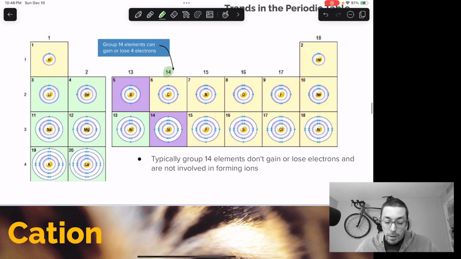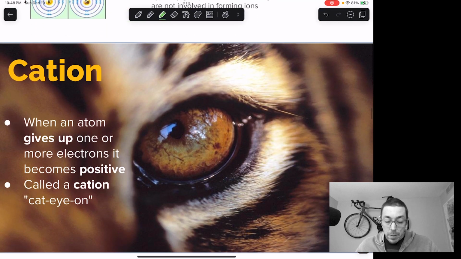Okay, cation. That's the special name for positive ions. So if you have a +1, +2, or +3 charge on your ion, that means you've given up some number of electrons and you're now positive. So that's called a cation, and you can think of a cat's eye if you want to remember that, I guess.